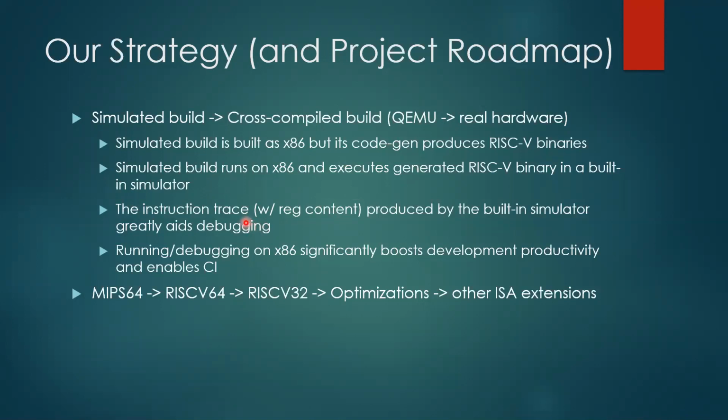We can dump out the RISC-V instructions being executed, and print out the register contents, the memory addresses and all of that. It turns out to be a great debugging tool for us. So that's how we go from this simulated build to the later ones. The simulated build might be a little surprising for people who are used to going directly to QEMU or real hardware. And then on an orthogonal dimension, how do we minimize or maximize code reuse?